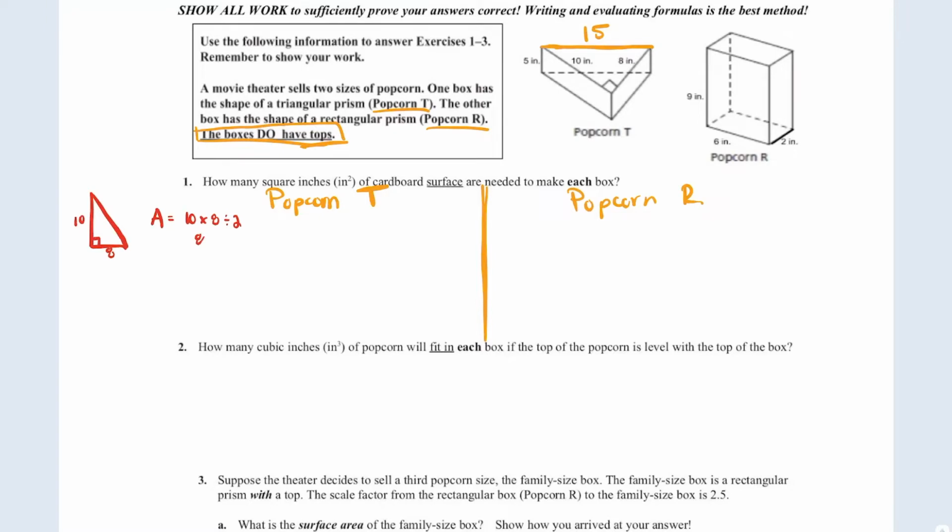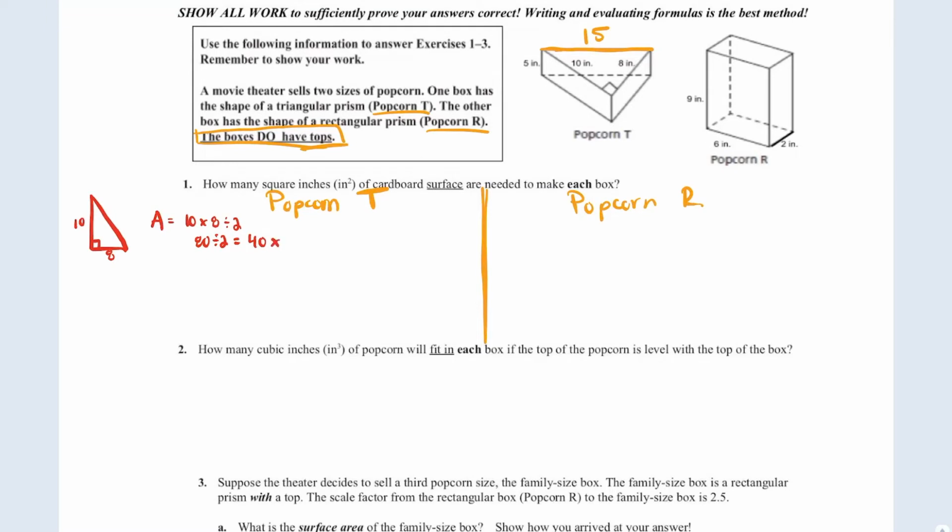So this is 80 divided by 2 is 40. So it looks like the area of the triangle is going to be 40. Now the next question I need you to ask yourself, well, how many triangle faces do I have? Well, I have 2 of them, so I'm going to be multiplying that by 2. So we have a total of 80 for the area of my 2 bases.